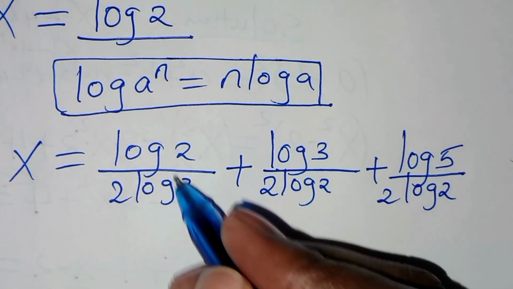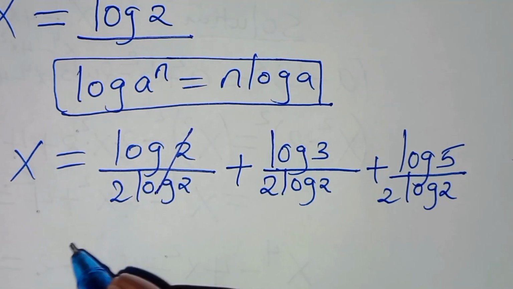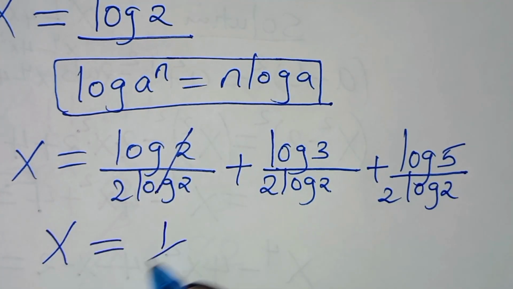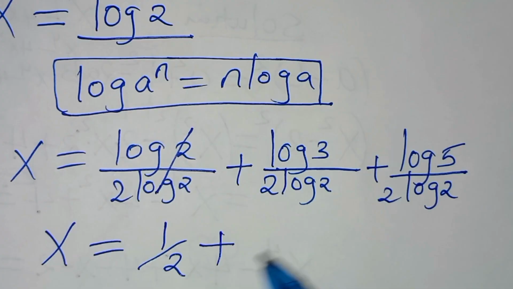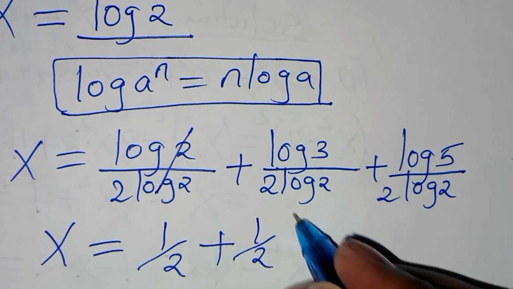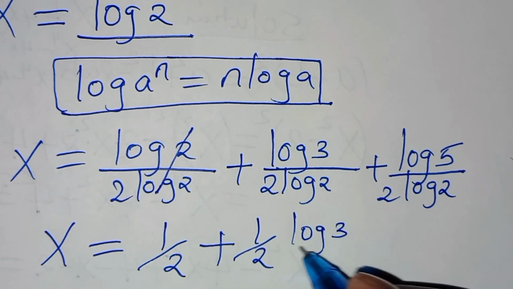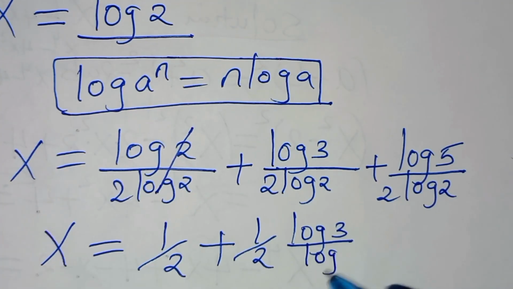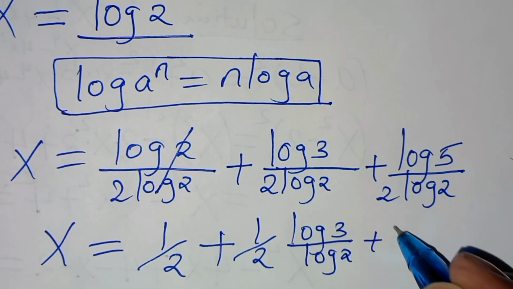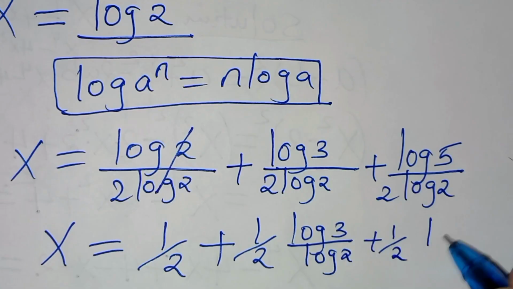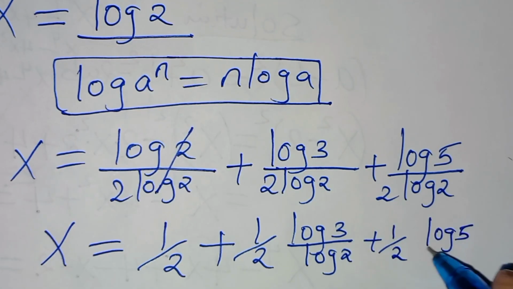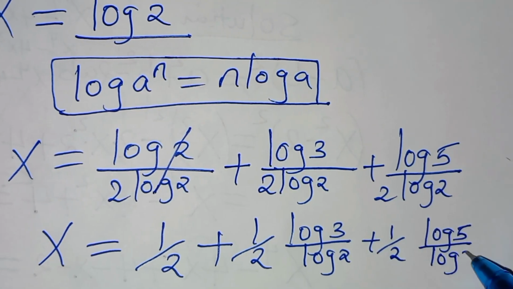Essentially, log 2 and log 2 will simplify so that x is equal to half plus half log 3 divided by log 2, plus half log 5 divided by log 2.